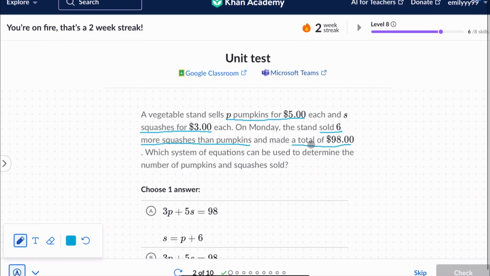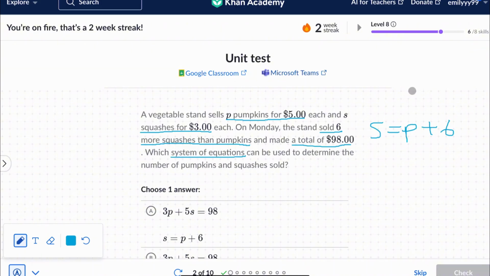$98. So we don't know how many pumpkins or squashes she sold, but we know that the squashes is equal to however many pumpkins she made plus 6, because it says she sold 6 more squashes than pumpkins. And this is a system of equations, so there are 2 equations here.